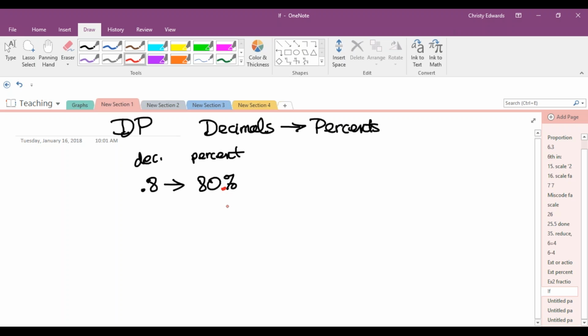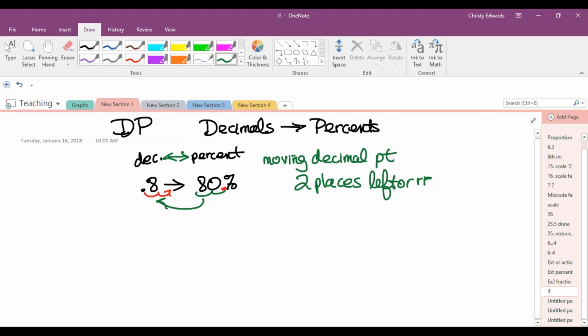It's where the decimal point is. It's 2 places that way. Or if you were trying to go back, you'd have to go 2 places that way. To go between decimals and percent, it's all about moving the actual decimal point 2 places left or right.